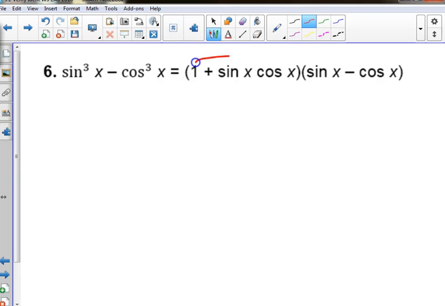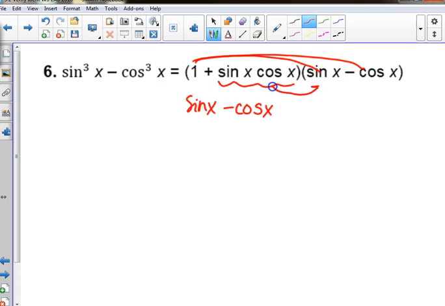Okay, so 1 times sine is sine. 1 times negative cosine is negative cosine. Then this gobbledygook times this sine would give me what? Plus sine squared cosine.